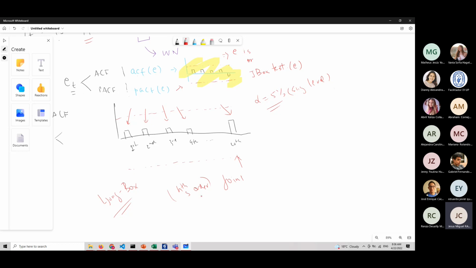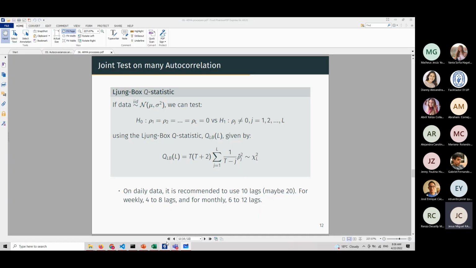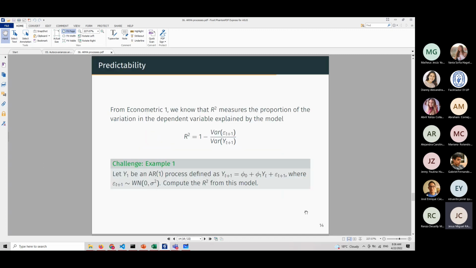That is the main advantage between the Ljung-Box and the Bartlett. Anyways, now you know what the difference is.